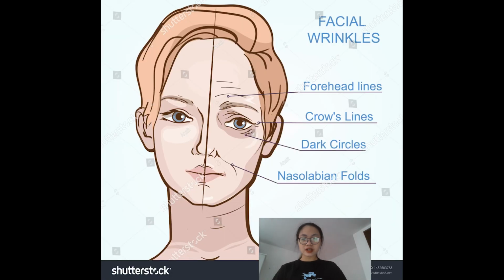Factors which contribute to facial wrinkle formation include genetic predisposition, environmental influence, habits, hyperdynamic facial expression, loss of underlying skeletal and soft tissue support, decreased skin elasticity, and gravitational force.